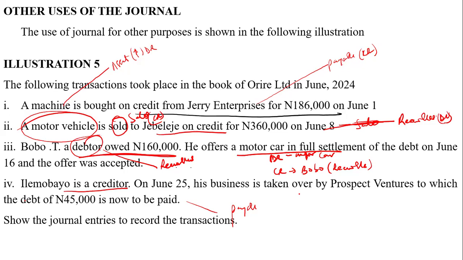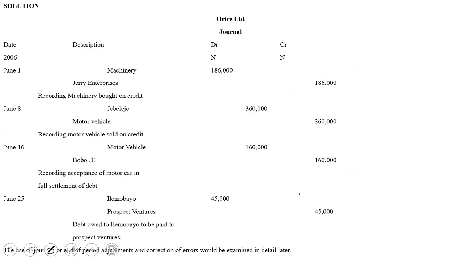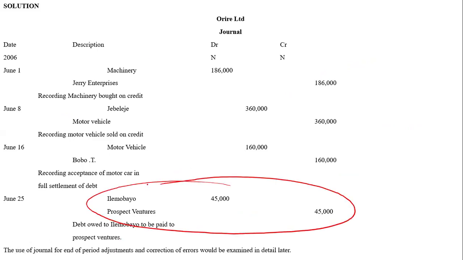What comes to your mind? I believe in 1 minute we'll be able to look at it, and it's very simple. Somebody who is owing is going to pay, so the creditor comes down, and the prospect business will credit, because you are no more owing anybody. So that's what we have.